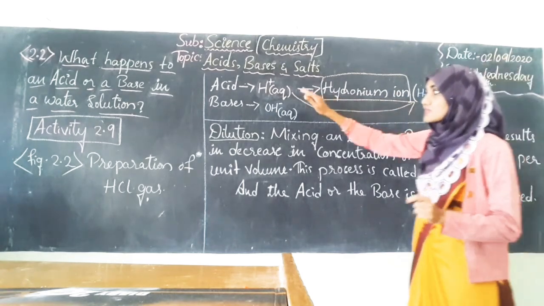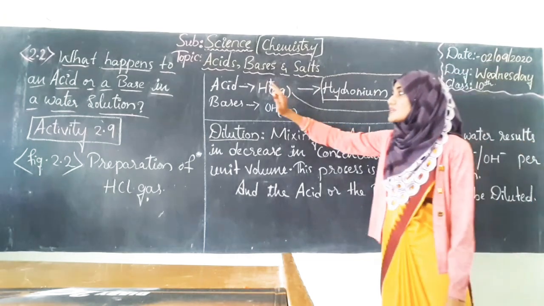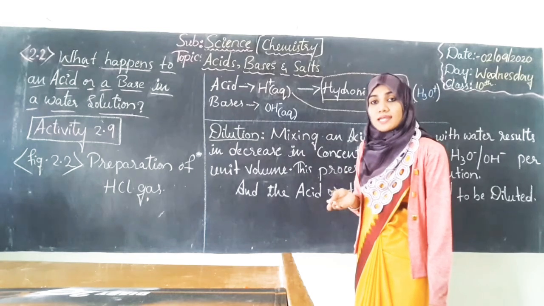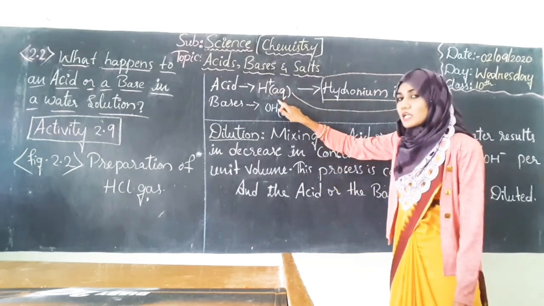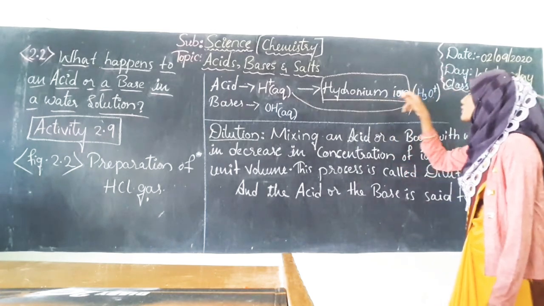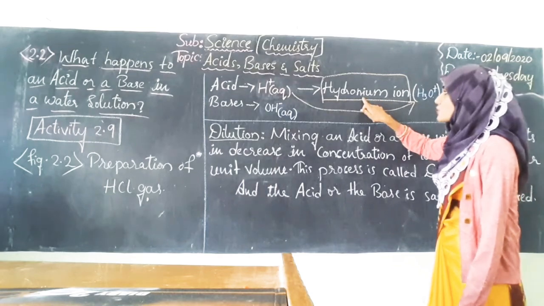So what is meant by H+ ion or hydronium ion? If acids generate hydrogen ion in the aqueous solution, then it will be called hydronium ion, and the molecular formula will be H3O+.